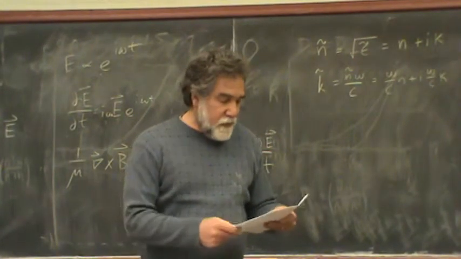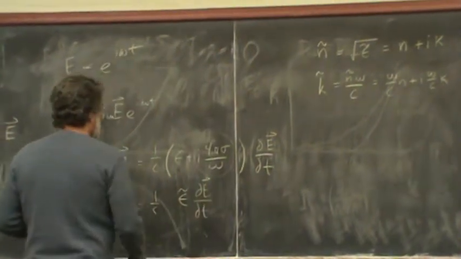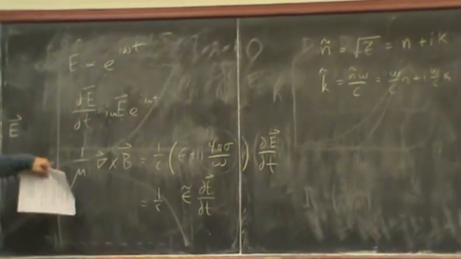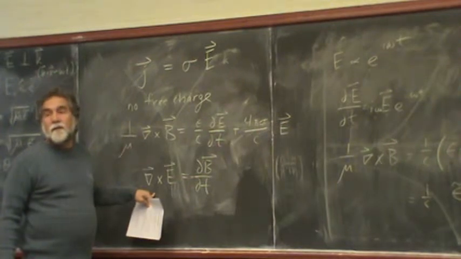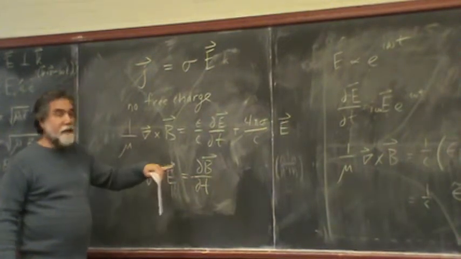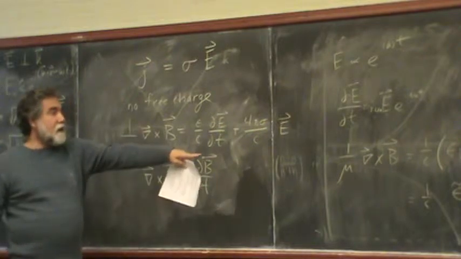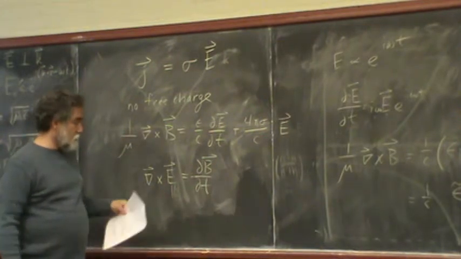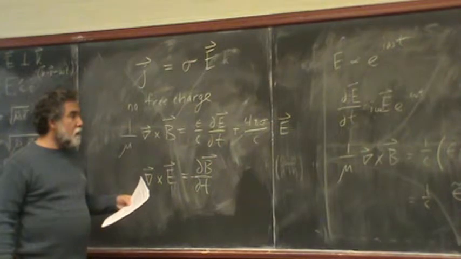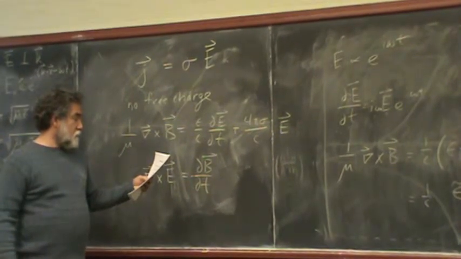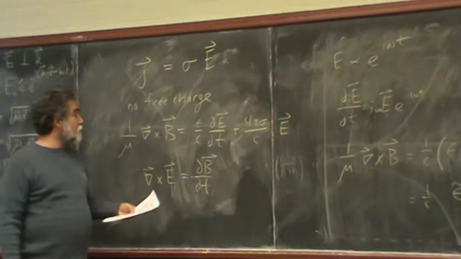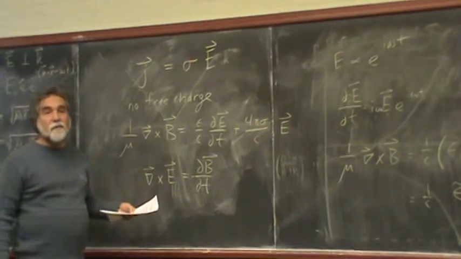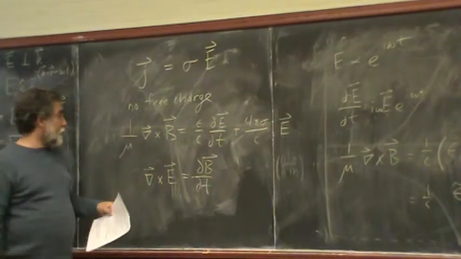All right, the solution to this equation and this equation simultaneously is an electromagnetic wave. So we get the wave equation, but we get a complex epsilon in there. I'm going to write out the result. Apparently, I didn't write out the whole wave equation for myself, and I don't trust myself to get it right here.